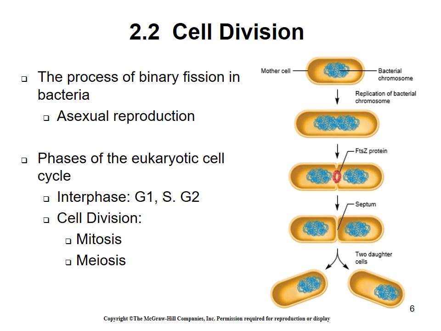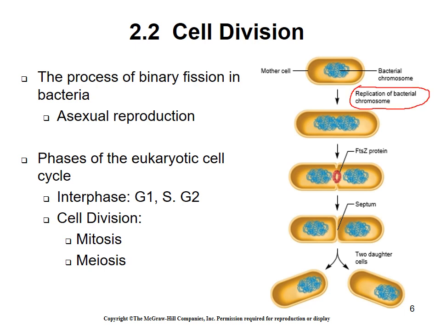Prokaryotic cells are going to be cells that lack a nucleus. This is usually what you see in very unicellular, simplistic organisms such as bacteria. And when those cells tend to replicate, what they'll tend to do is binary fission, which is a form of asexual reproduction, which really at the core is just mitosis. What we see happening in prokaryotic cells is that the DNA will go ahead and replicate itself.